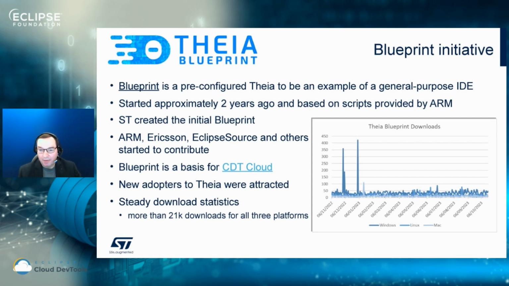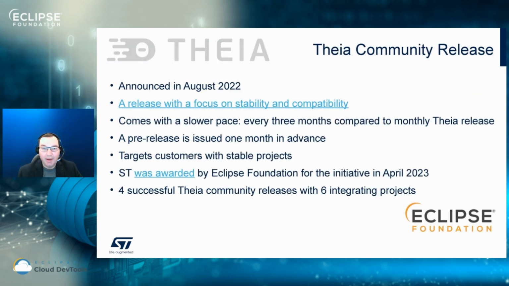You see the picture. It's a steady download statistic, more than 21,000 for 1 year for all the platforms. Community release is a way to get closer to those who want to integrate Theia in their product, because Theia, as was mentioned on the slides, releases in 1 month cycles.